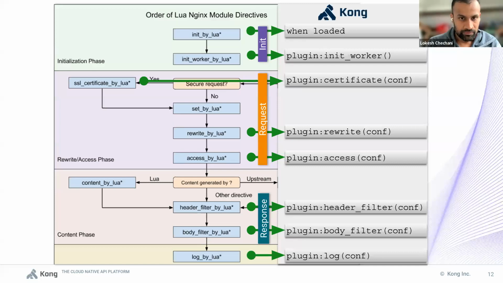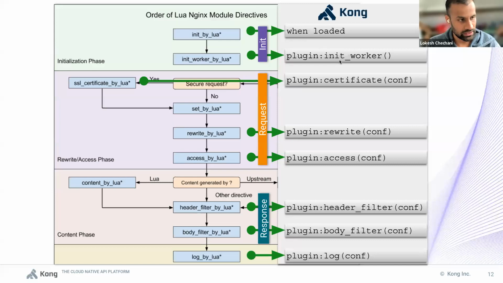Going further, if we map these different directives to the actual plugin methods provided by the Kong PDK, this is what it looks like. All the initialization directives are primarily hooked up in init_worker.